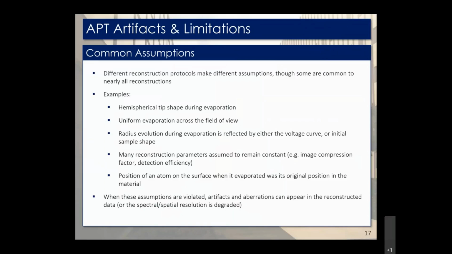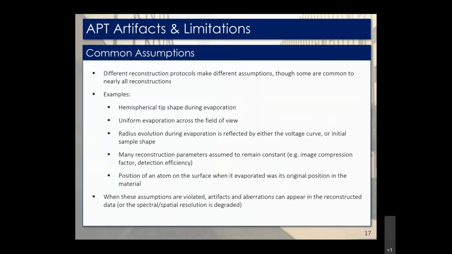For example, the image compression factor or the detection efficiency, and sometimes that might actually change a little bit and might impose limitations in the data. Finally, we also assume that the position of an atom on the surface of a material when it evaporated was its original position within the material. In other words, as we're evaporating material and exposing new surface, wherever the atom departed from is the position that we're trying to reconstruct to.